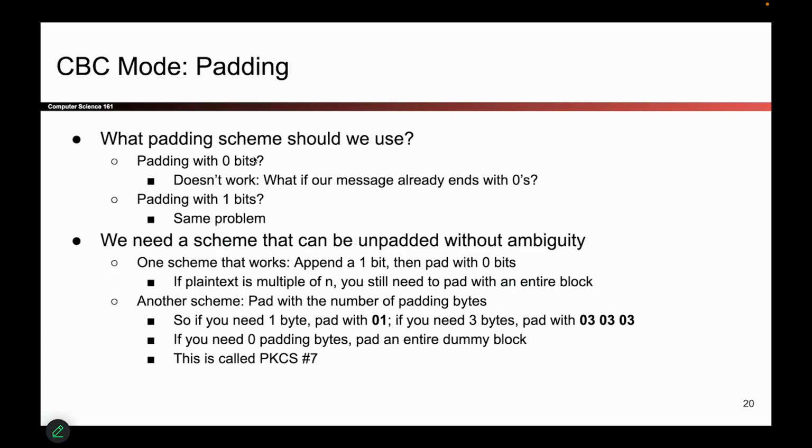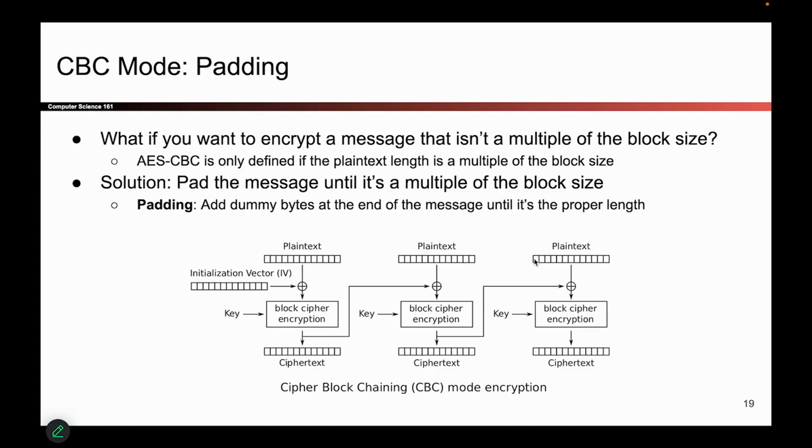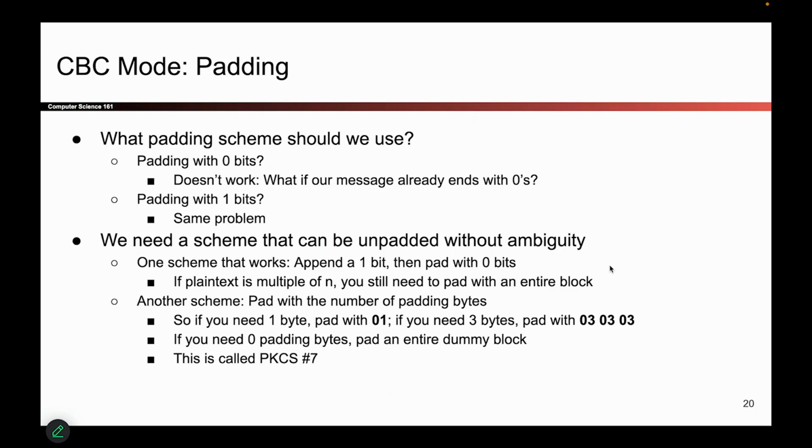So one idea might be to just put a bunch of zeros at the end. So if you have a 1 here, then start adding zeros all the way until you reach the next multiple of the block size. But now we have a problem. What if your message already ends in a 0? So maybe you have a message that's like, give me $100. So you have 1, 0, 0, and then you pad a bunch of zeros.